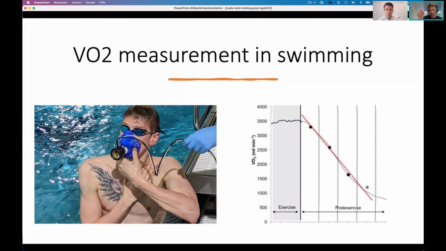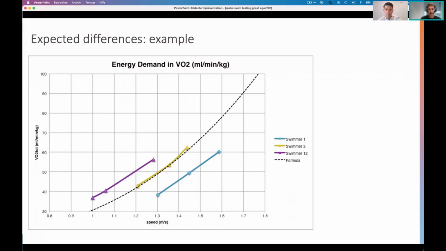And then you look at the VO2, how it decreases, and from that we can extrapolate and calculate the VO2 during the exercise. Reverse extrapolation of VO2 is standard procedure in swimming these days, not affecting swimming technique by using a snorkel, not affecting drag by swimming in a flume where the water is moving and not actually the athlete. So that's that. How big are the differences?